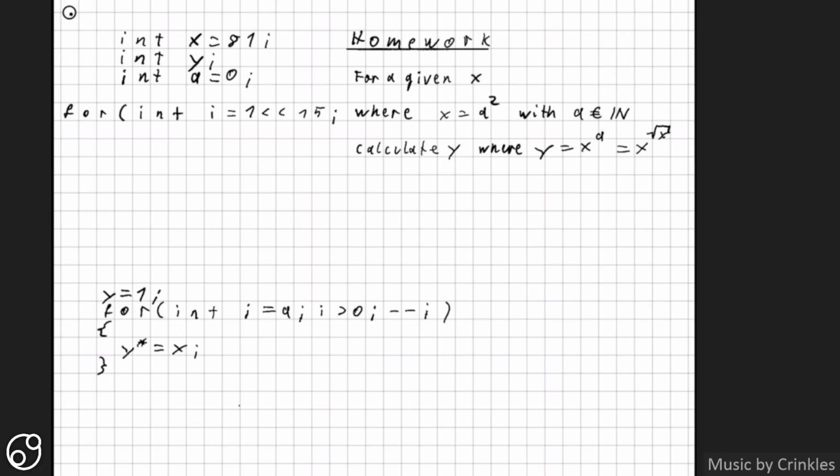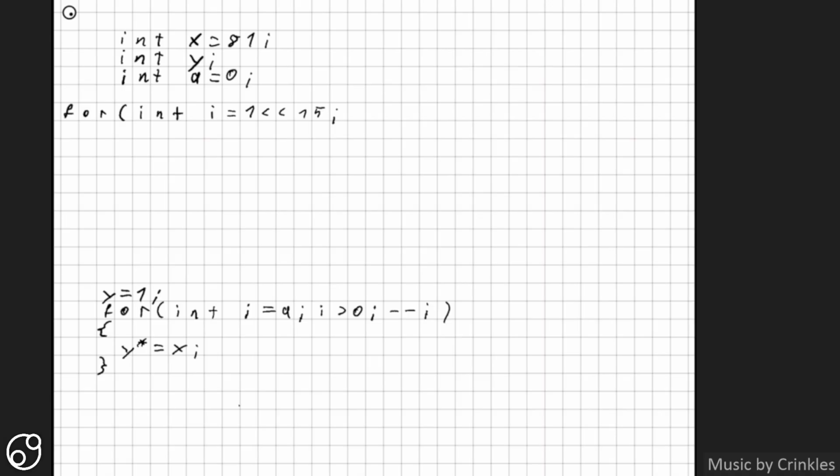Let's move that out here. Actually, let's remove that entirely. We don't need that anymore. We don't need this space here. Like that. And we're going to repeat this as long as I is greater than 0. As long as there are any bits we're going to check.